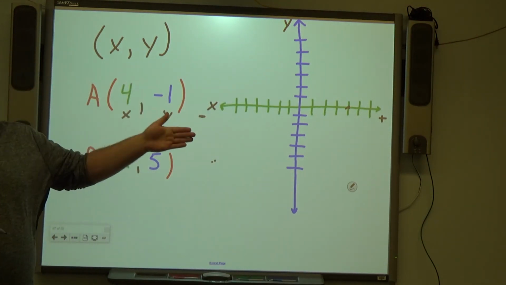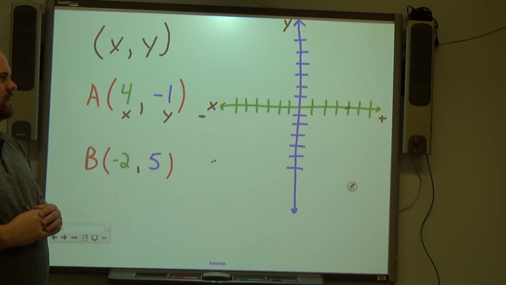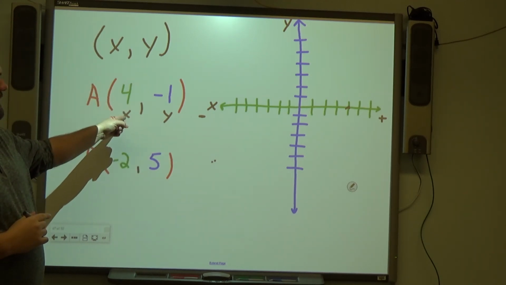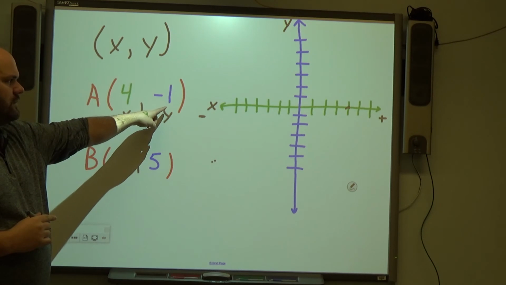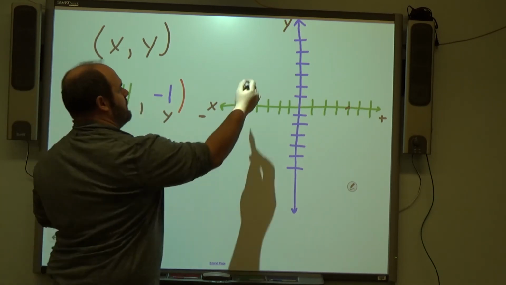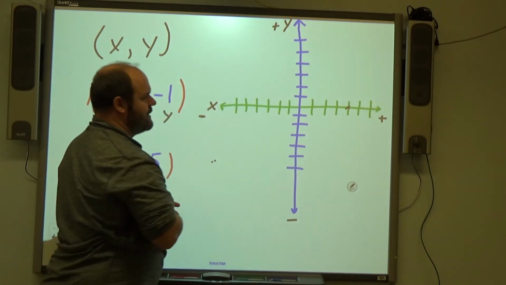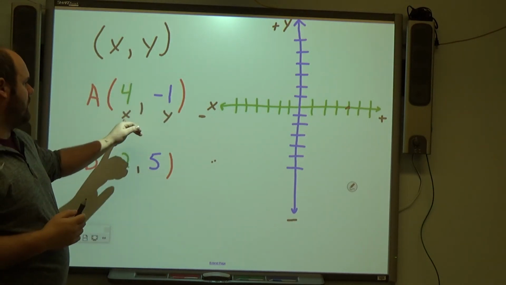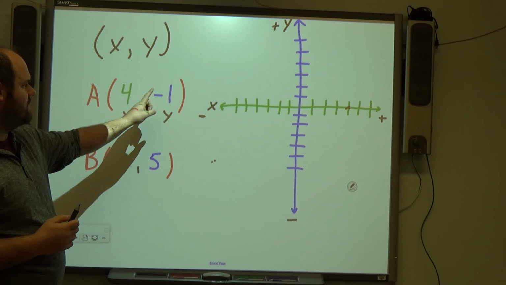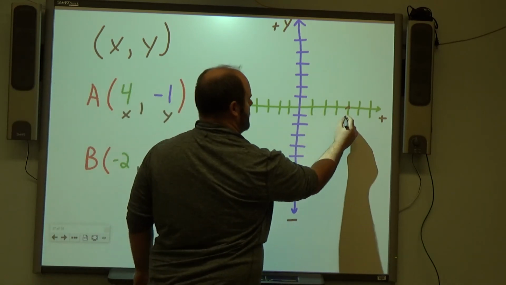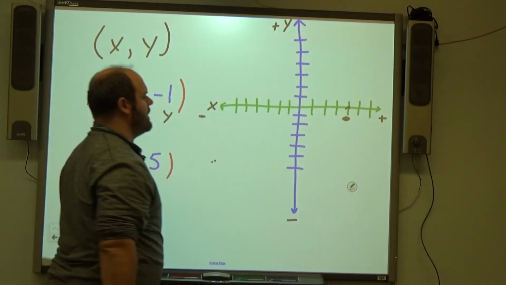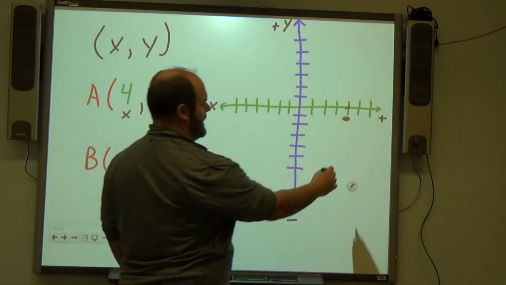And you always go left to right first, okay? So now I'm at 4 on the x-axis. Now I need to go a -1 on the y. Well, if I go up, that's a positive y. If I go down, that's a negative y. So 4 to the right and 1 down. So my point is going to be right there, and I'm going to label it point A.